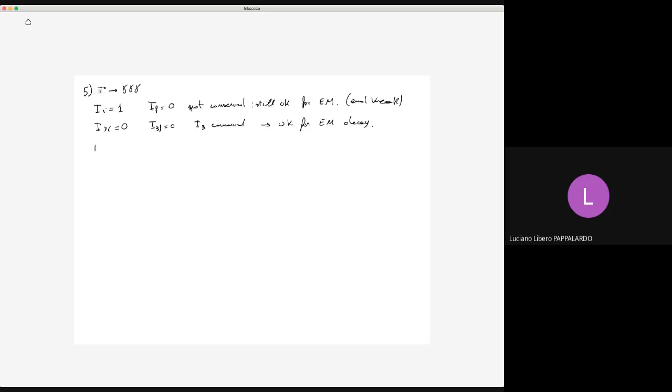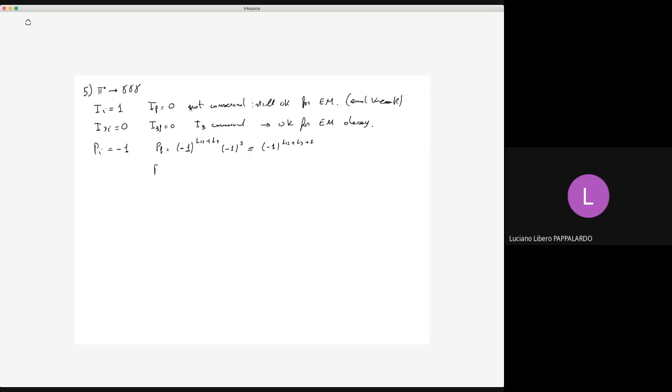Let's check parity. The parity in the initial state is -1. The parity in the final state we have to combine, because it's a pseudo-scalar meson. In the final state we have to combine the parity of the 3 photons, so it's (-1)^(L12 plus L3), times the intrinsic parities of the photons, which is negative, if you remember. So overall this is (-1)^(L12 plus L3 plus 1).